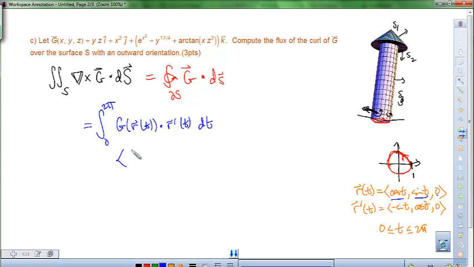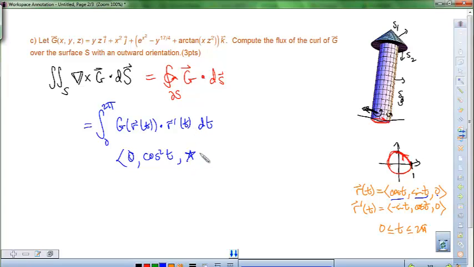So for our first component it would be 0. Our second component is a cosine, so let's call that cosine squared t. And our last component, there's going to be a big mess.